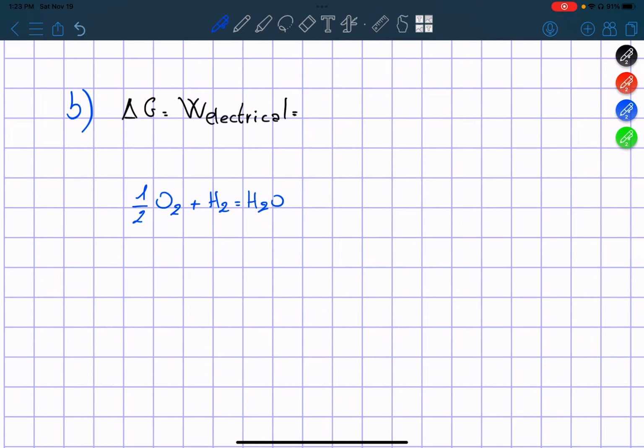So in order to find the dG, we have to use the G of H2O minus 1/2 G of O2 minus the G of H2.